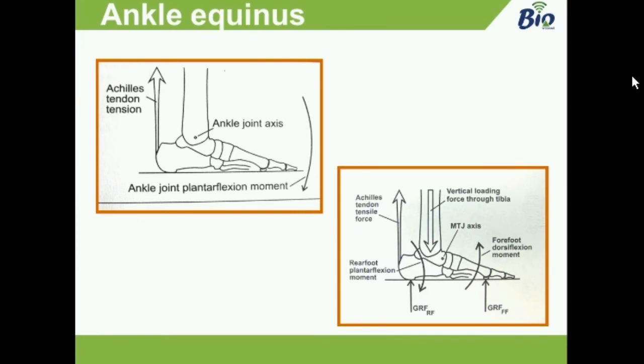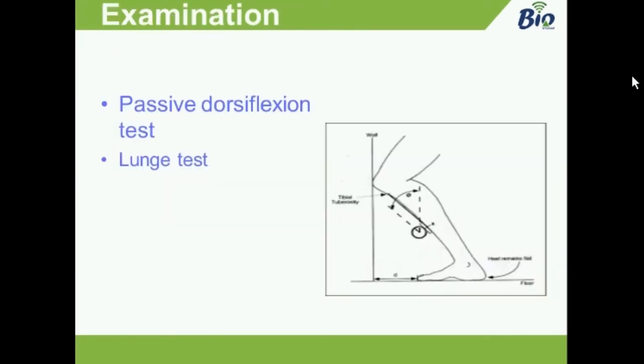So it moves on to the next possible point, which tends to be the forefoot, and that results in increased forces underneath the forefoot. Something as simple as tight calf muscles means they load their forefoot for longer, and they can end up getting pain underneath the forefoot because of that.